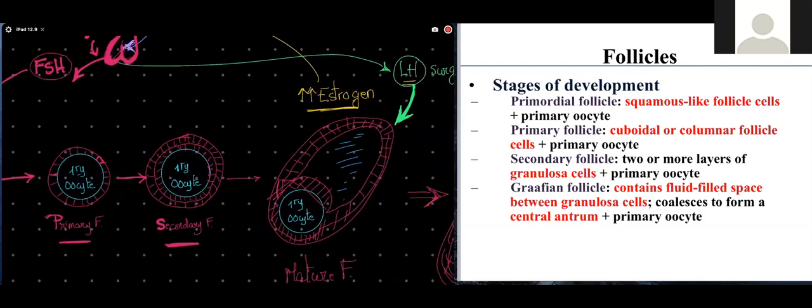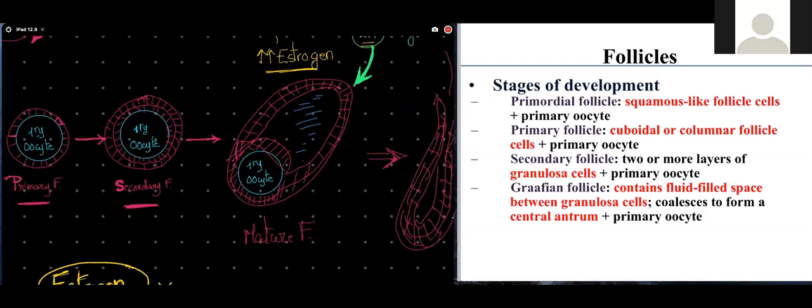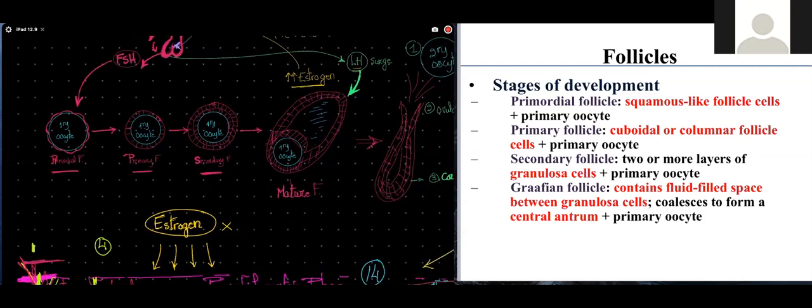One of those growing secondary follicles will become a mature follicle, or what we call the Graafian follicle. Each month we've got one Graafian follicle. All those growing follicles will be releasing an ovarian hormone that we call estrogen.